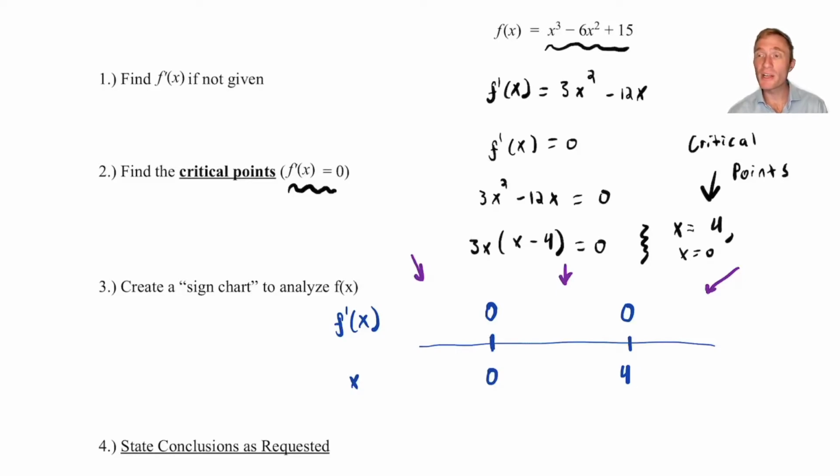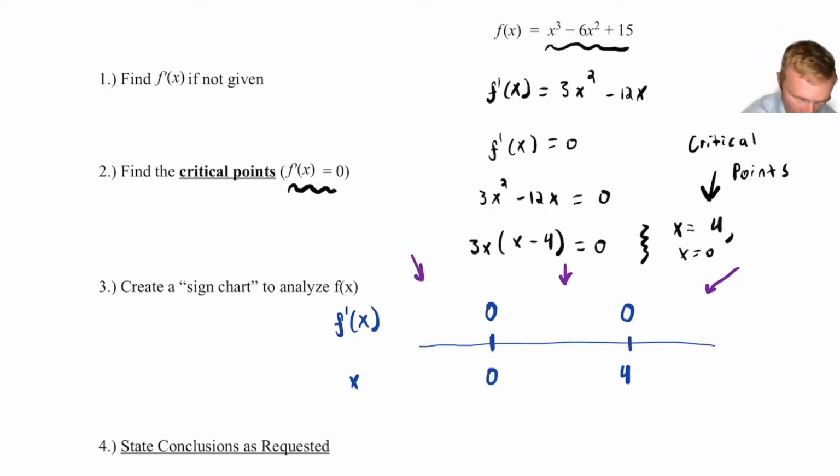And you're going to get to a place where you're doing a lot of this kind of mental math in your head. And so I want to give you a first example of how we might do this. Let's say we want to know what happens on our rightmost interval. What happens after 4? We know at 4 the derivative is 0. What about after 4? Pick any number that's after 4. Why not 5?